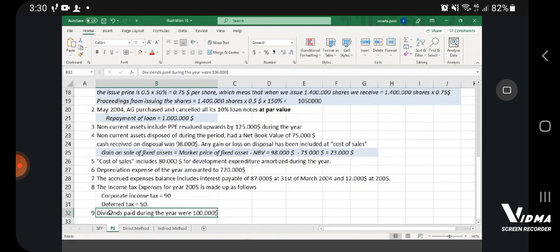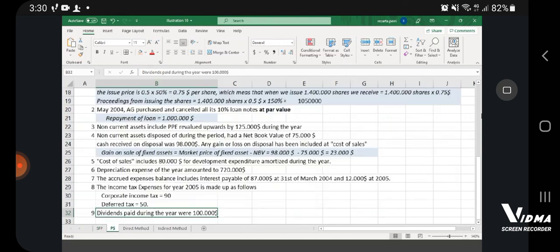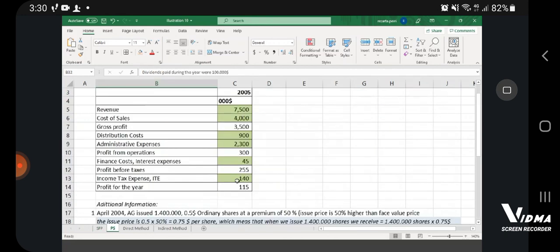So again, check with your reasoning. The change in the retained earnings, it has been increased with 15,000. Is that okay? Does that reconcile or match the other things that have been going on? Listen to me carefully. We check the net income in the profit and loss statement.